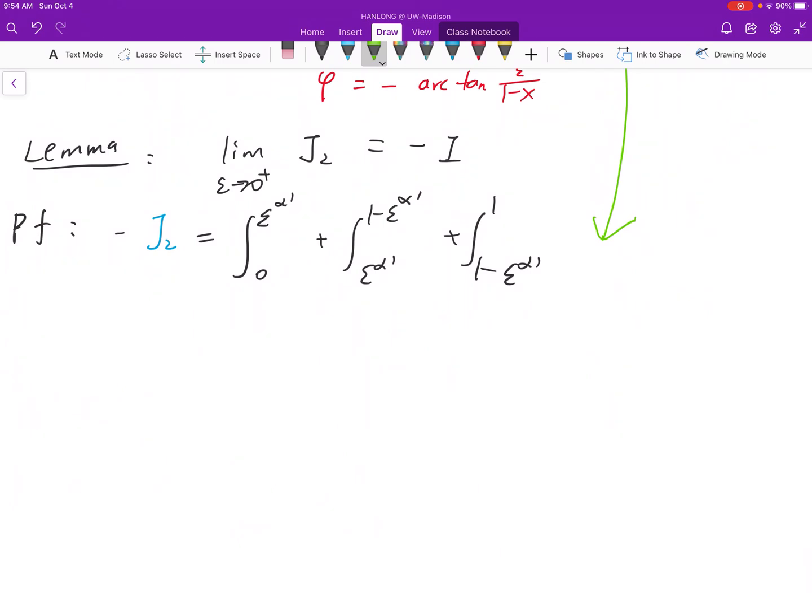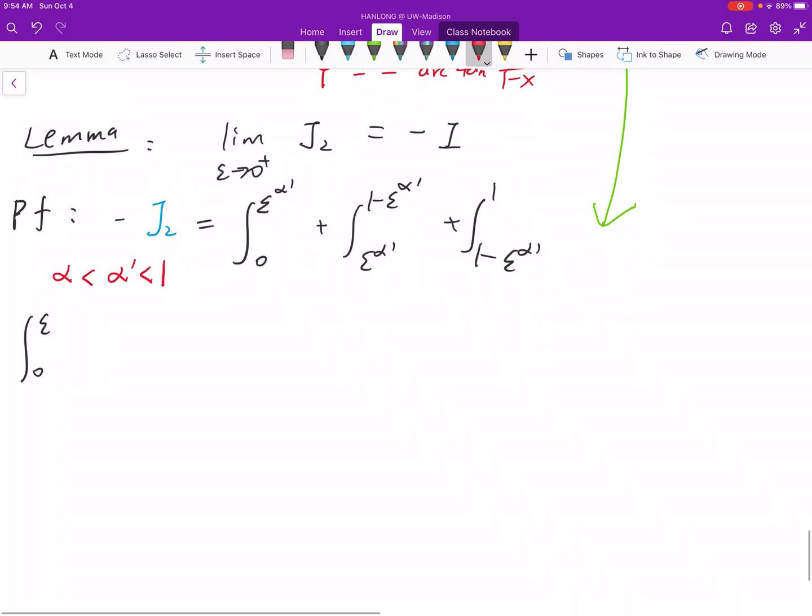Yeah, I'm lazy, so I just keep it here. The key point is that alpha prime is greater than alpha, but still less than 1. That's the scale we want to explore.